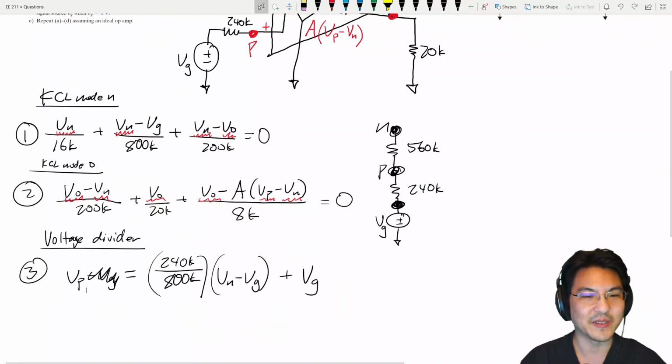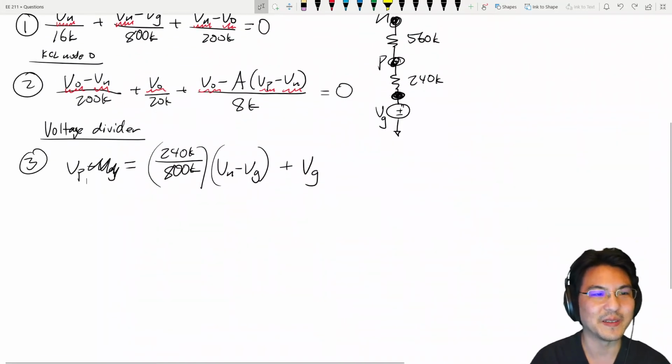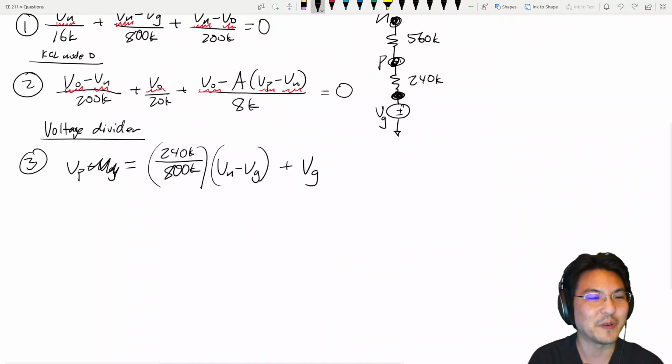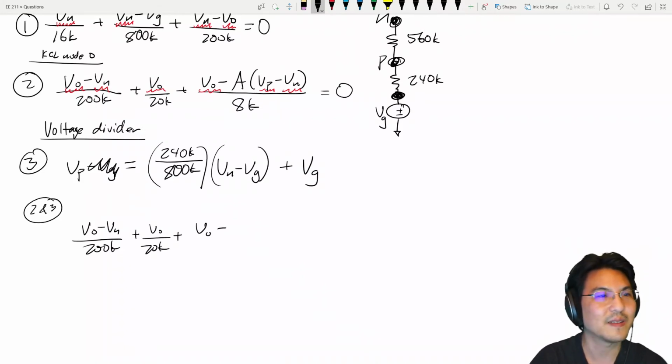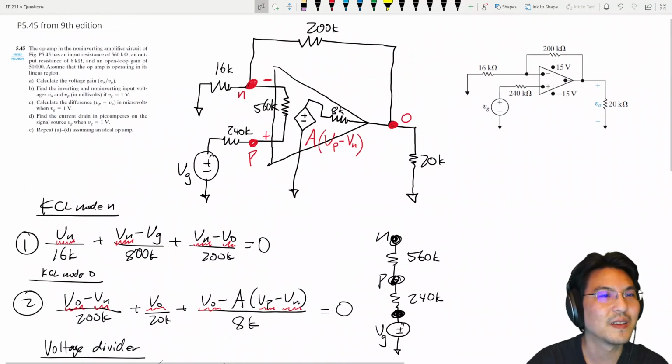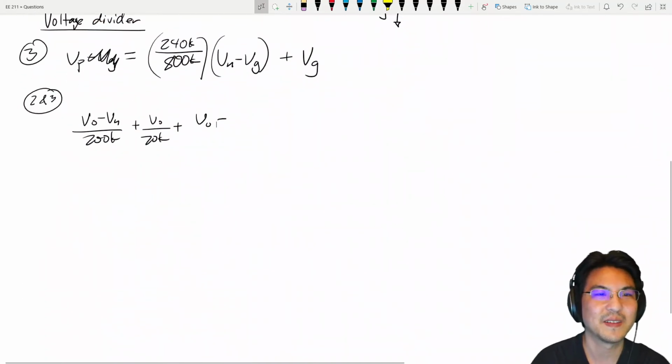Okay, so why don't I just write that immediately? So if I combine equations 2 and 3, then we have Vo minus Vn over 200K plus Vo over 20K plus Vo minus A, which, what was A? 50,000.